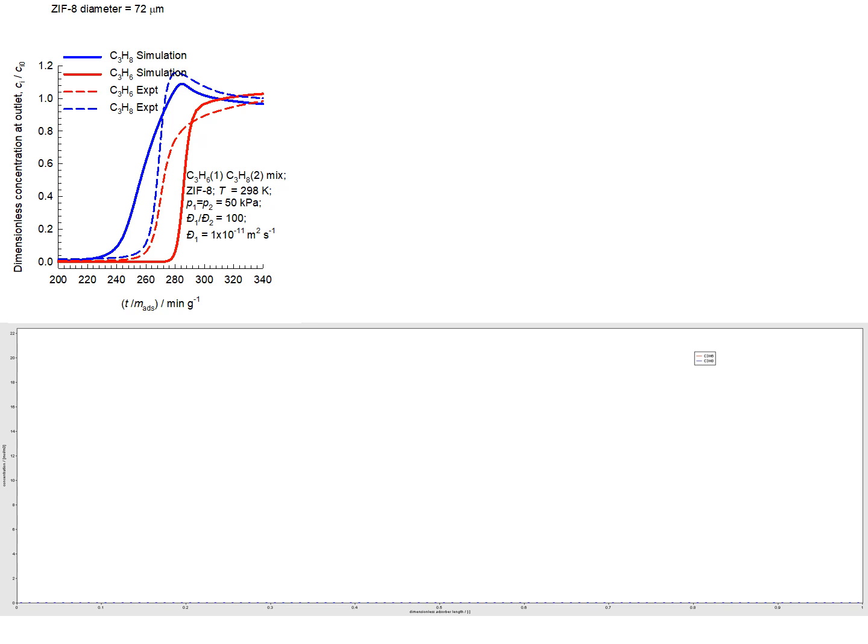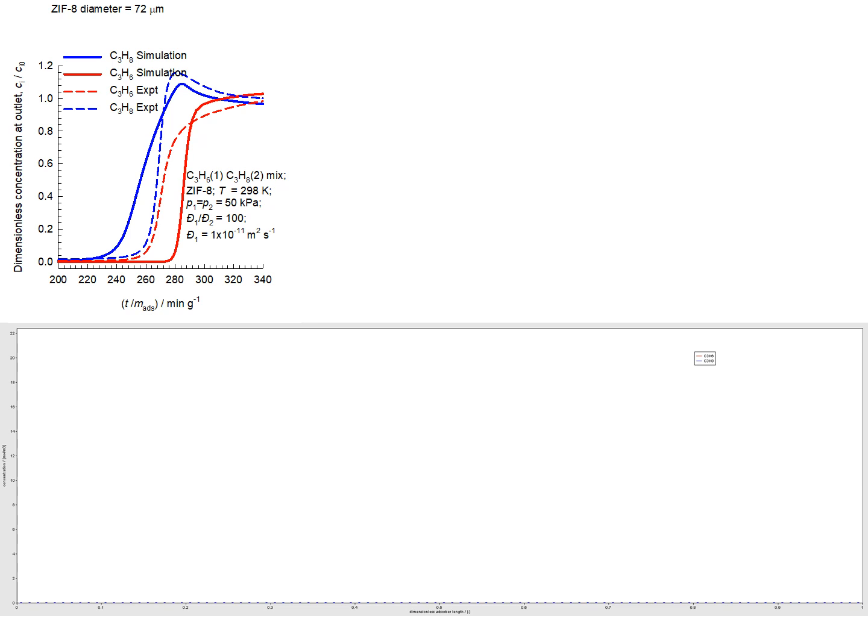Let's look at the experiments with a particle diameter of 72 micrometers. Since the particle size is larger, diffusional influences are stronger.